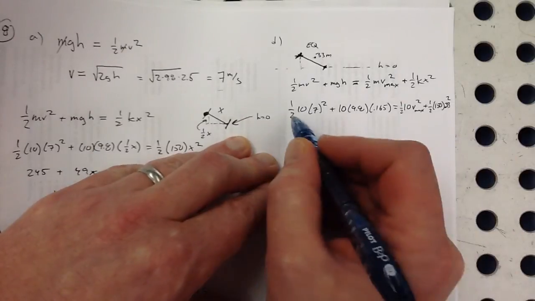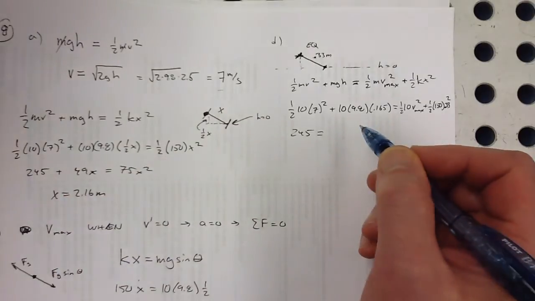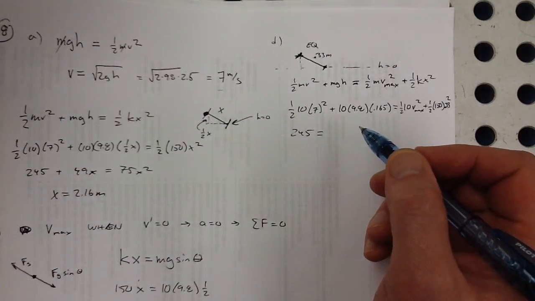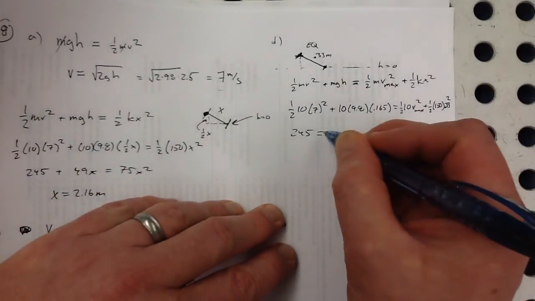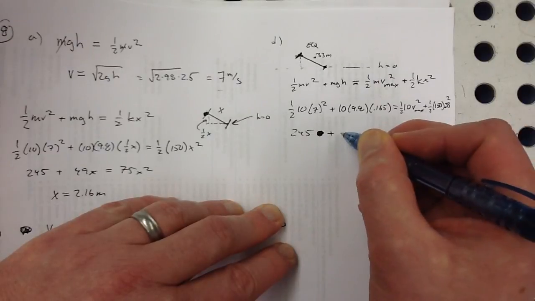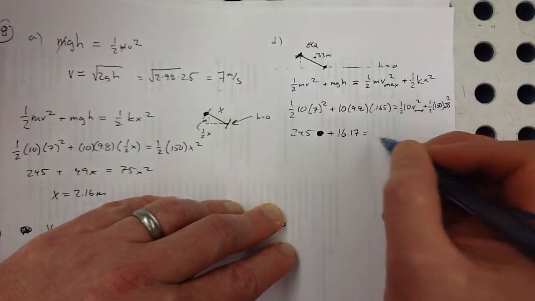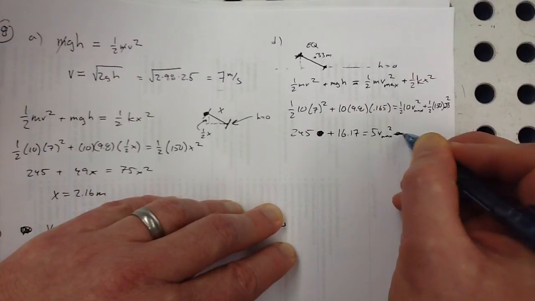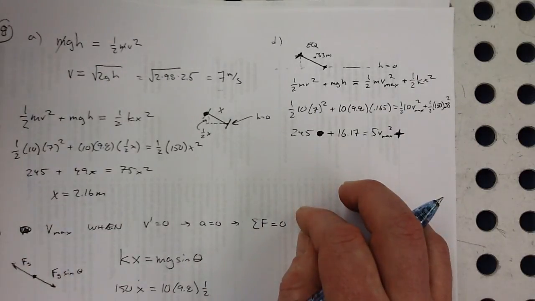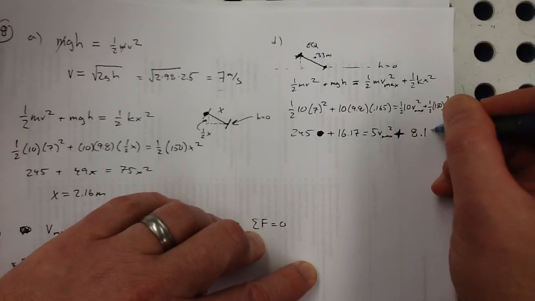All right, so let's clean this up. That's 245. We just did that. This is 98 times 0.165, which is 16.17. Not going to round anything yet. Then 5 Vmax squared plus 75 times 0.33 squared, which is 8.17.